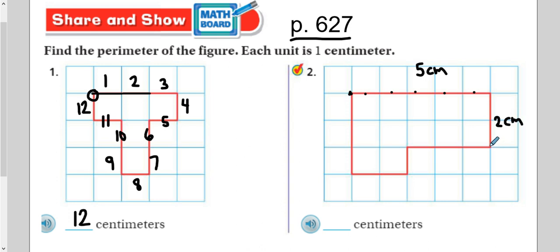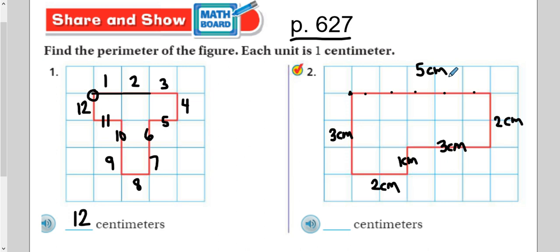And then we've got 1, 2, 3 centimeters right here. And we're in one of those areas where we've got to be careful, because we've got the 3 centimeters right here, and then we've got 1 centimeter, which takes care of this, and then we are at 2, and then back up to the 3 centimeters, and back to where we started.